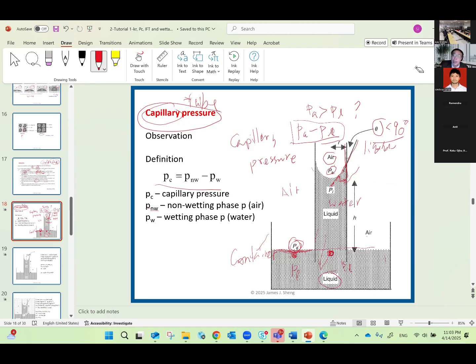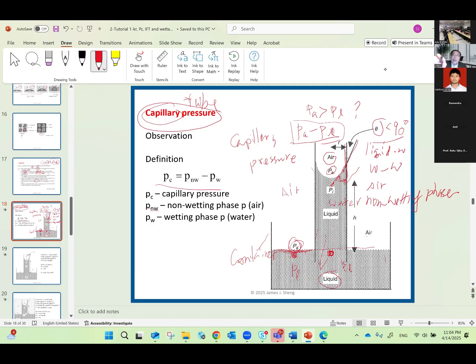For this capillary tube or small tube, it is liquid wetting, or in this case, if it's water, it's water wetting. And then what about the air? Then air will be the non-wetting phase.